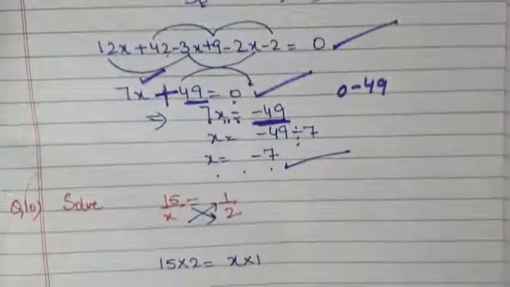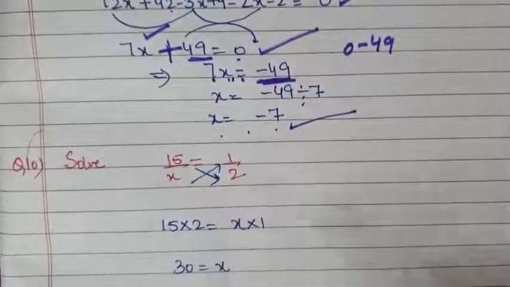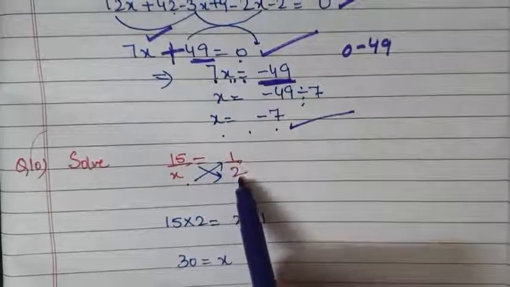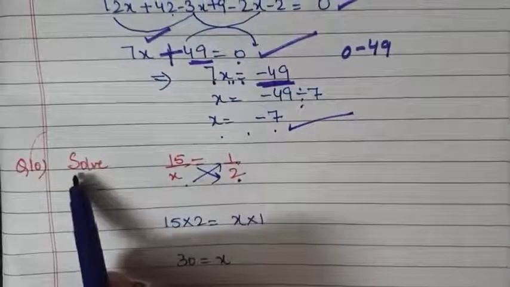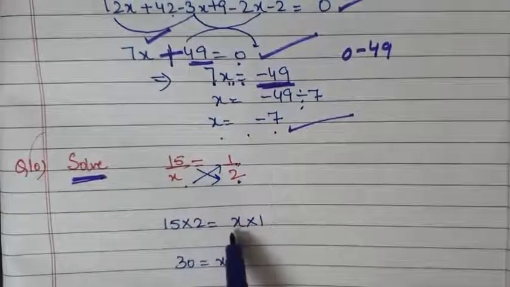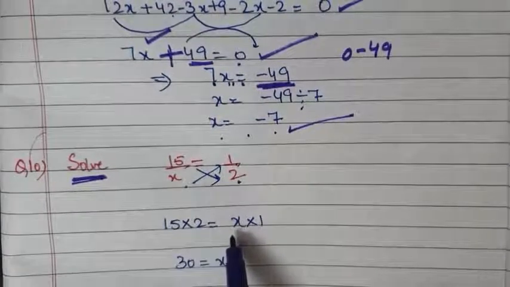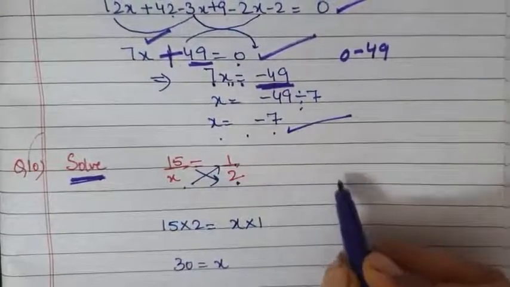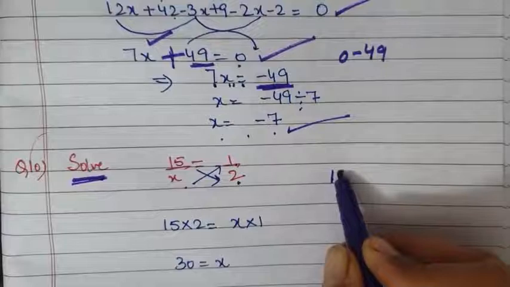Now the next question is 15 upon x is equals to 1 upon 2. And you have to find the value of x. You can do the cross multiplication or you can do like this also.